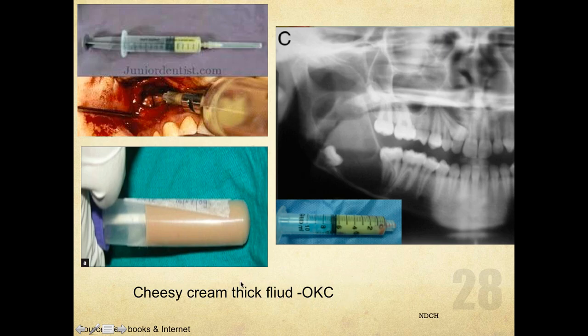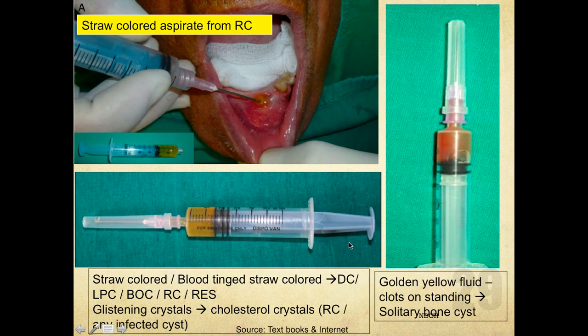It is indicative of an odontogenic keratocyst, as you can see in the pictures over here, and here you can find the radiograph also, wherein, as I said, this tooth is pushed to the edge of the radiolucency. So OKCs can also have this dentigerous cyst like appearance, but here you find there is extensive destruction of the mandible, and on aspiration you are getting a cheesy aspirate.